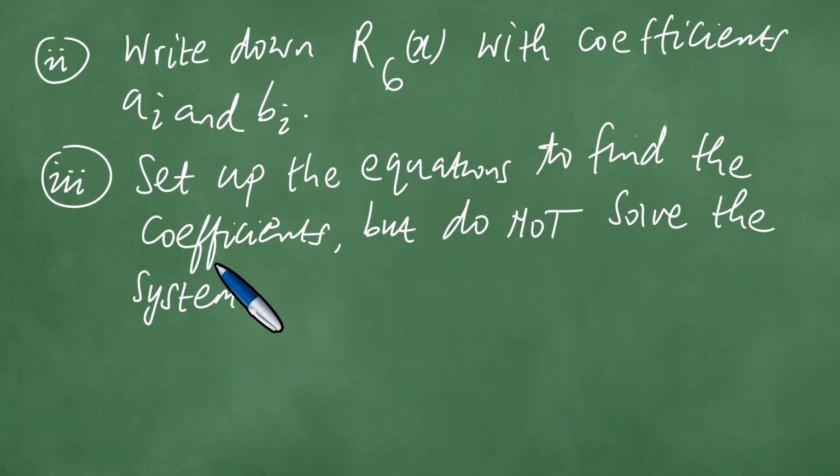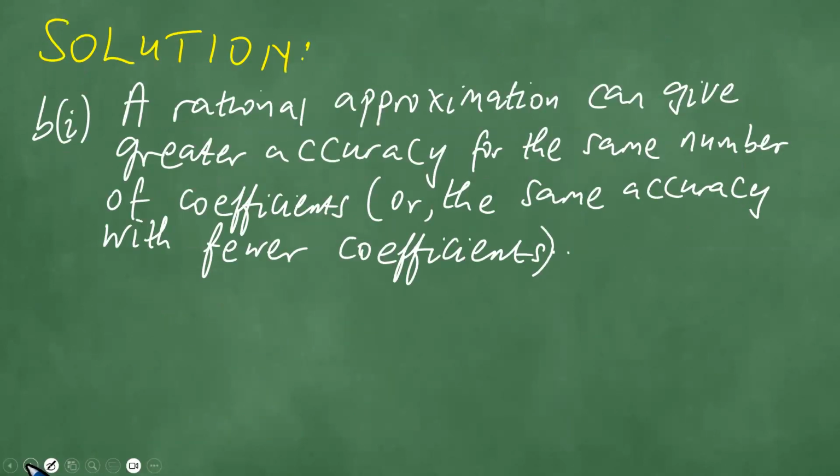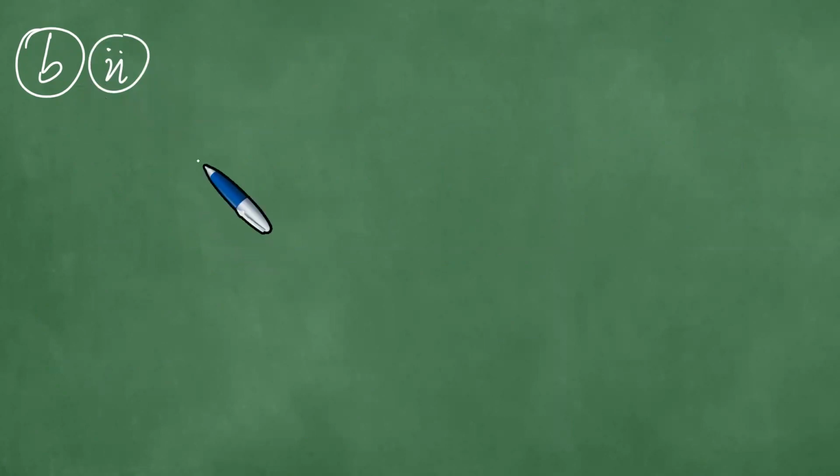Don't stress that this has to be the actual Pade approximation, but with coefficients AI and BI. Just write something general, with the understanding that the denominator is of degree 3.